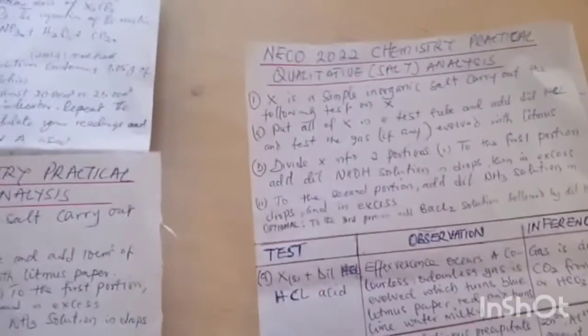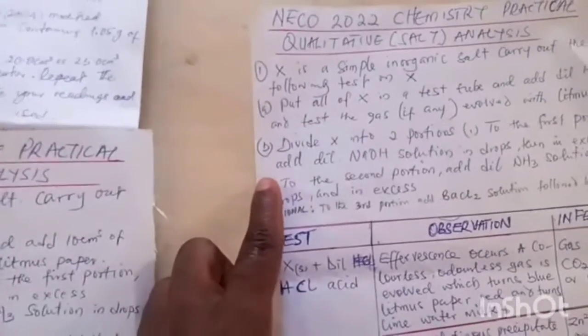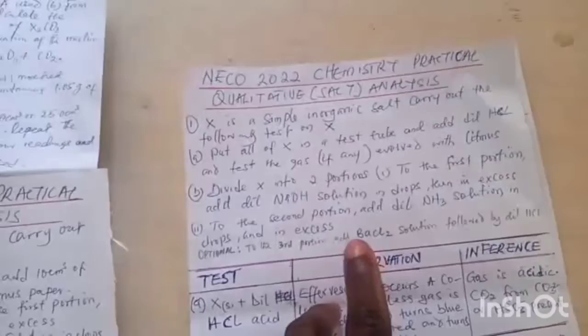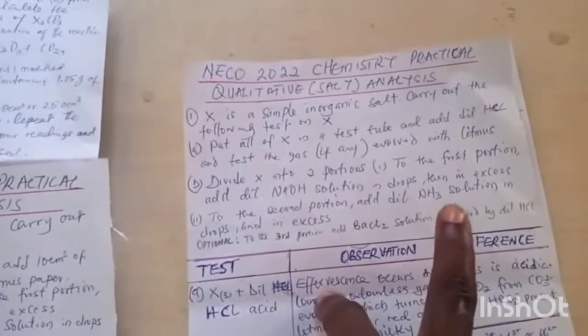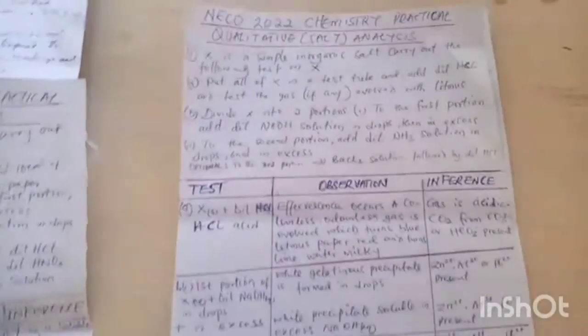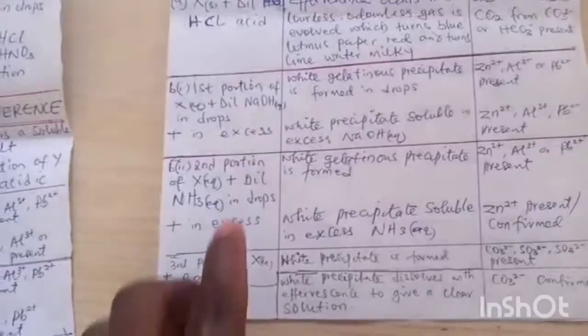Alright, so we now go to the second part of the question. BII says to the second portion, add dilute ammonia solution in drops and in excess. So we go back to our observation table.